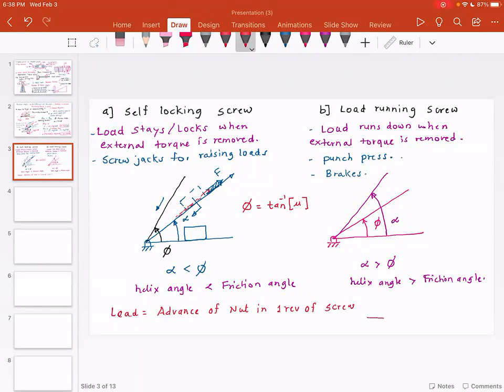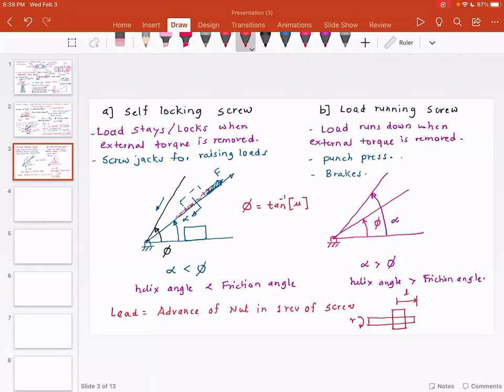So I want you to visualize this. So you have a screw and there is a nut. So the lead means how much is this nut going to travel in one revolution of this screw.